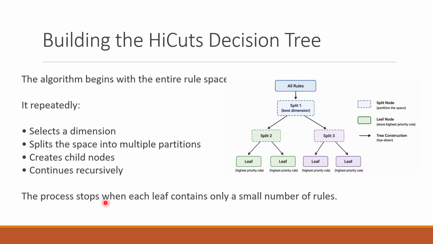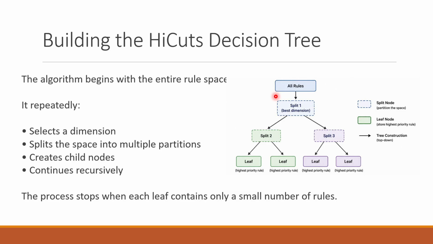Now, building of the HiCuts decision tree. This is called the decision tree. The construction starts with the complete rule space as a root node. For example, this space we can consider as a root node.